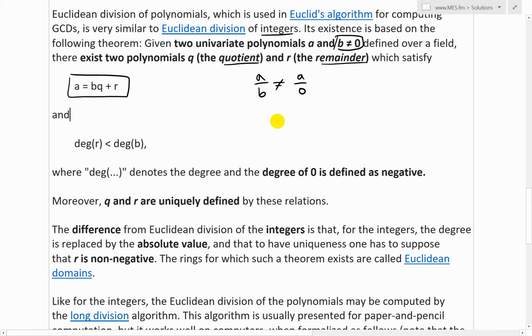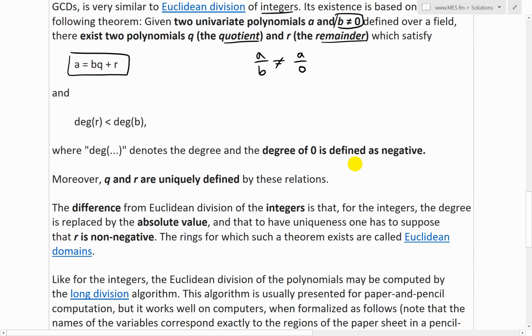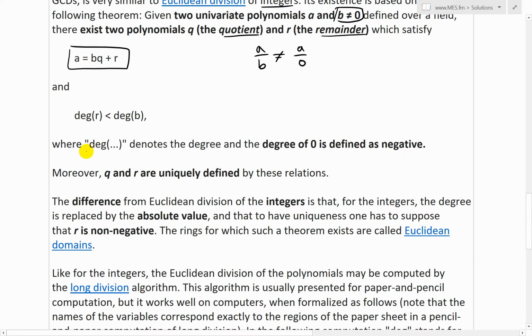And then the degree of r is less than the degree of b, meaning the highest power of r is less than the highest power of b, where deg denotes the degree, and the degree of 0 is defined as negative. This is in case the degree of b is equal to 0.